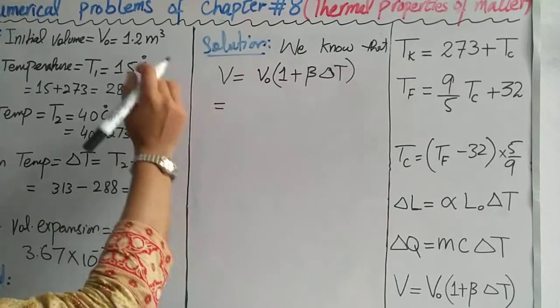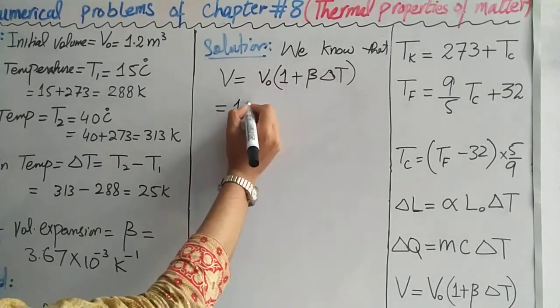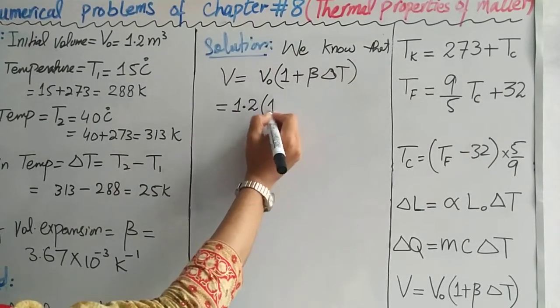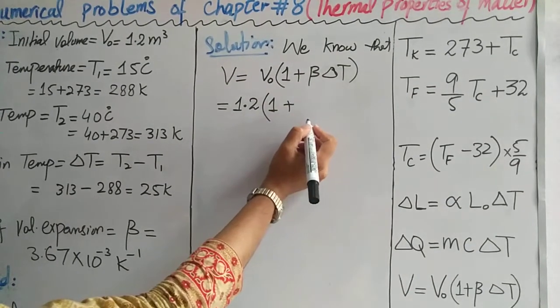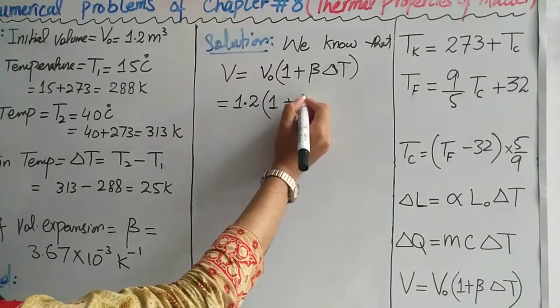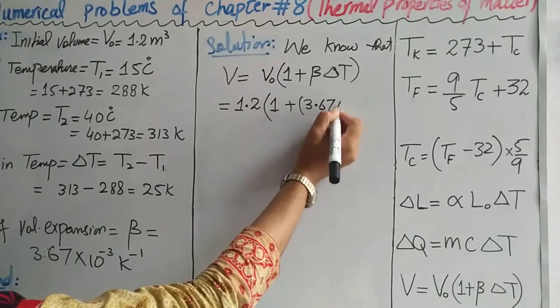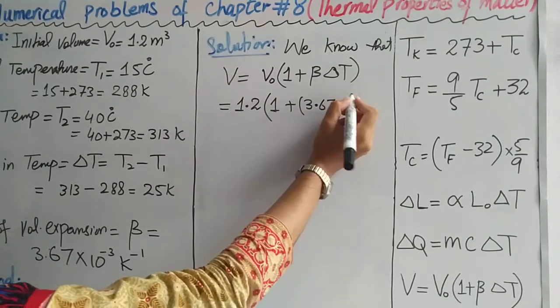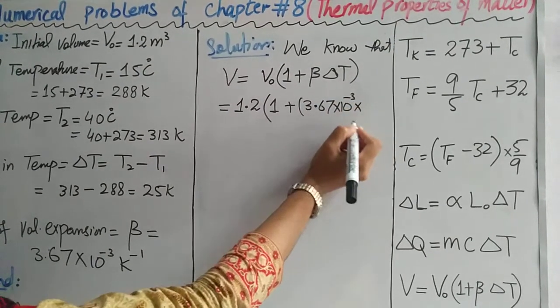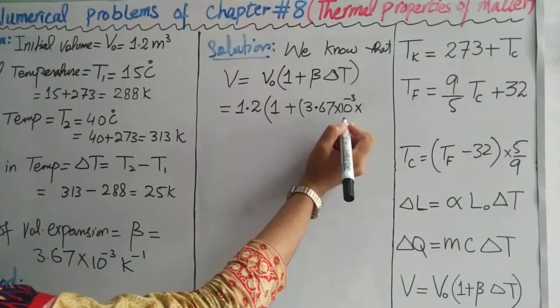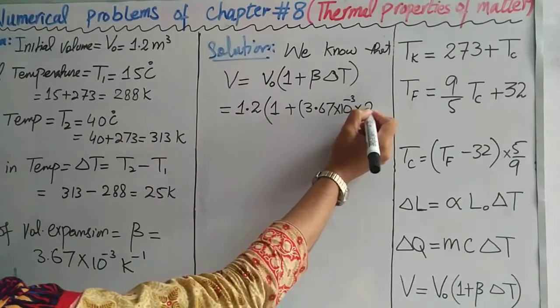Now, by putting the values from the given data, we have 1.21 plus beta's value, which is 3.67 into 10 raised to the power minus 3, multiplied by delta T's value, which is 25.